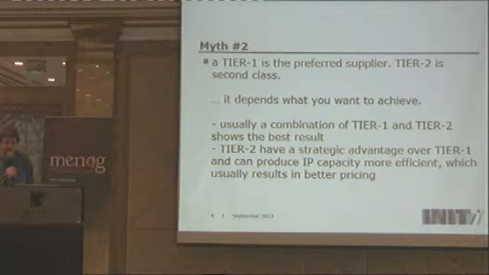Because a tier 2 has a strategic advantage over a tier 1 and can produce IP capacity more efficiently, which usually results in better pricing. A tier 2 doesn't have to cover the whole internet. He still can rely for a little subset on a tier 1 and he's cool. While a tier 1 must make a much bigger effort to reach everybody in the world.